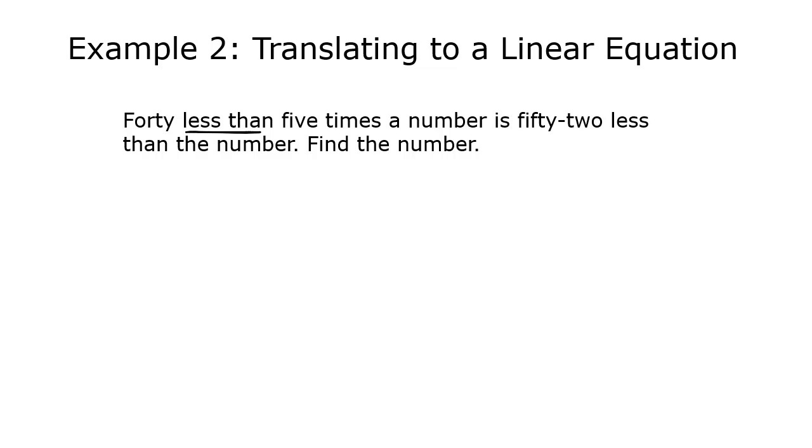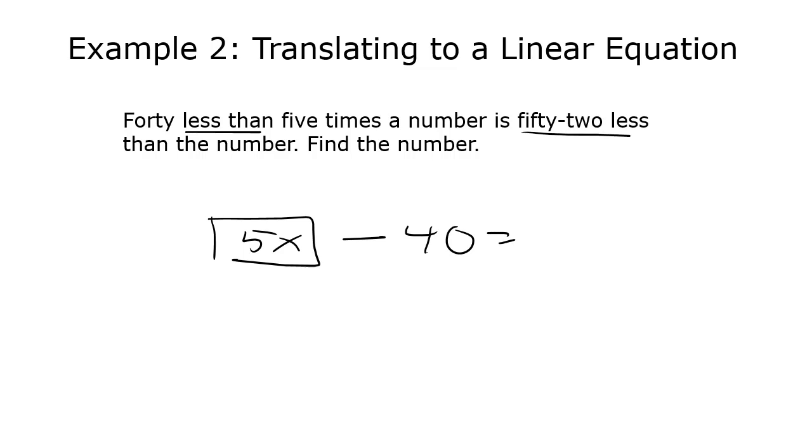Forty less than. Anytime you have a "less than," remember you're going to have some stuff, and then you're going to subtract the 40. That's 40 less than. What's it less than? 5 times a number. Okay, so 5 times a number is equal to 52 less than. Aha, 52 less than, so something minus 52. 52 less than what? The number.